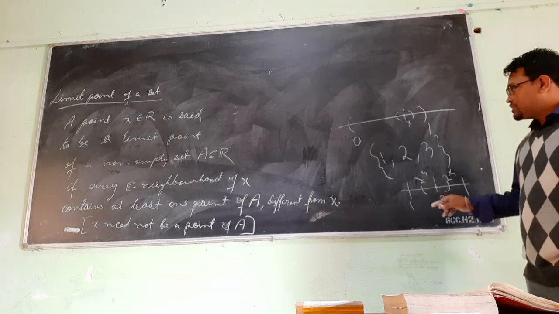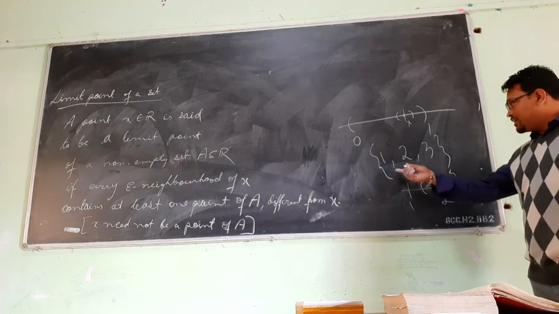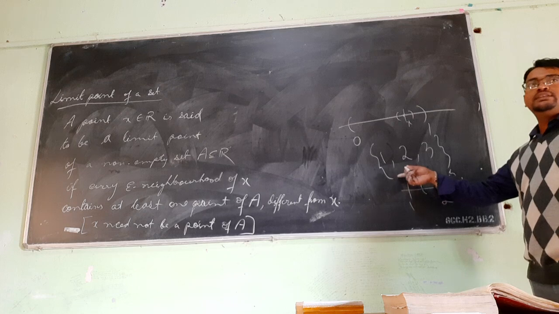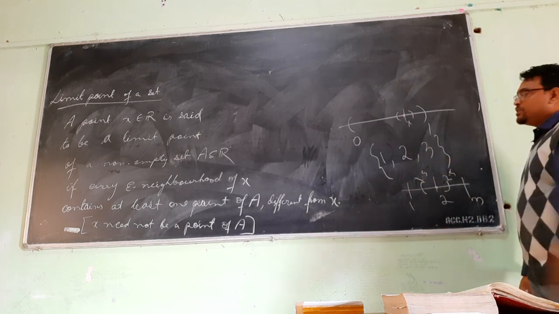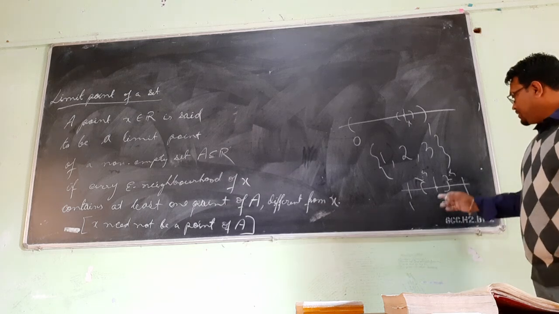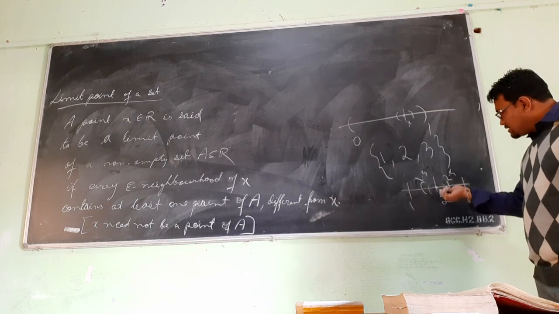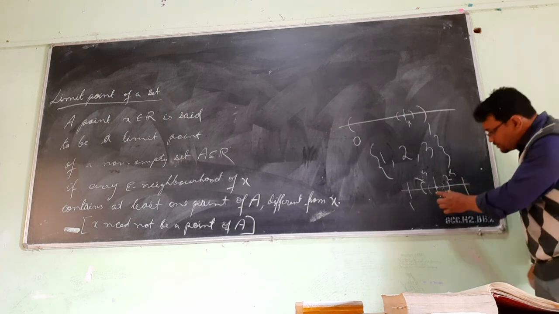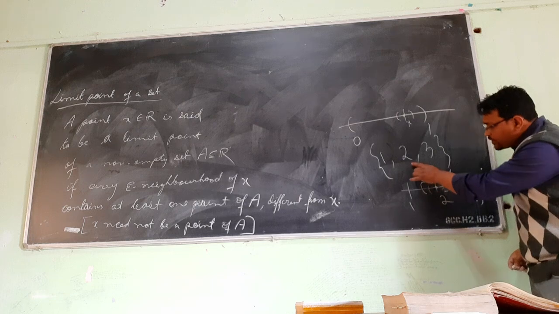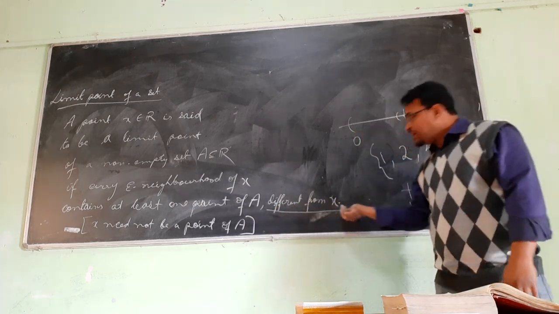We will see how we can deal with these things. In particular, finite sets do not have any limit point. A finite set cannot contain any limit point, because whenever you take a finite set, you can easily draw open intervals which do not contain any point of it. Here this open interval contains the point 2, but I want something different from 2.